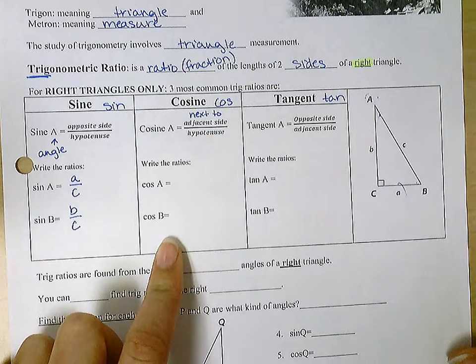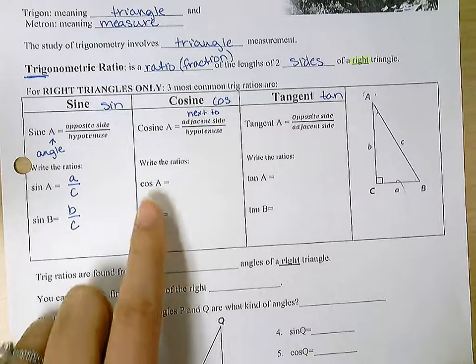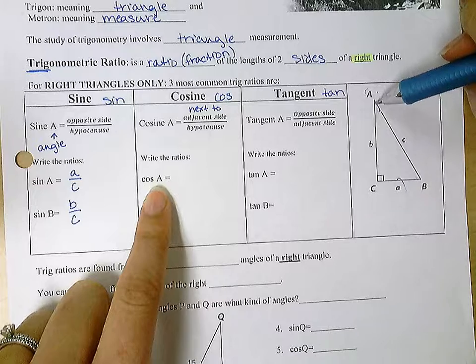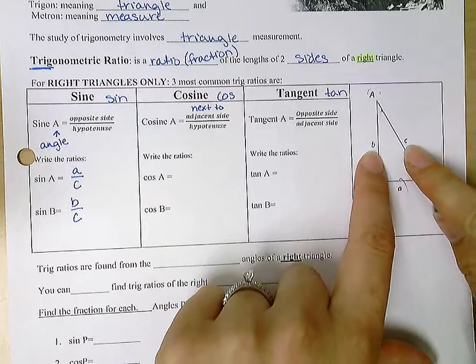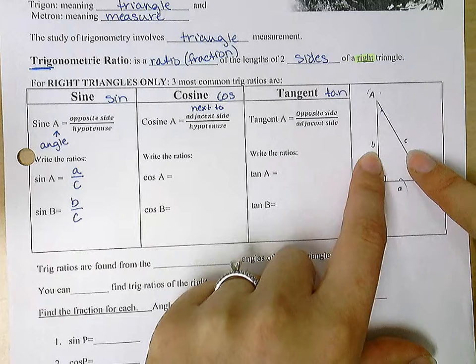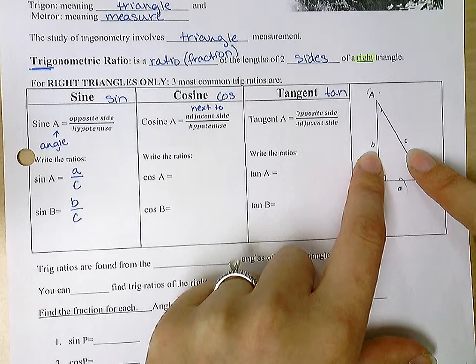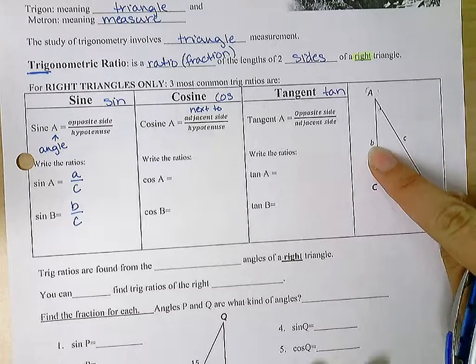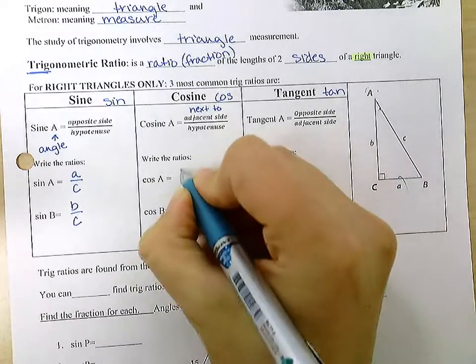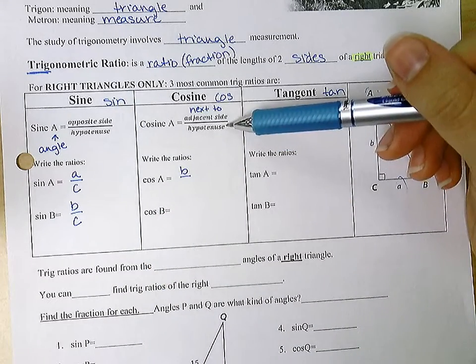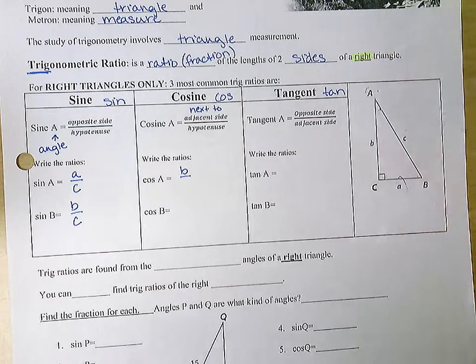If I'm finding cosine of angle A, starting at angle A, I need the side next to angle A. I have two sides next to angle A, but C is the hypotenuse, so that's not your adjacent side. Your adjacent side would be side B. So writing out cosine of A, I would have B over the hypotenuse, which is C.